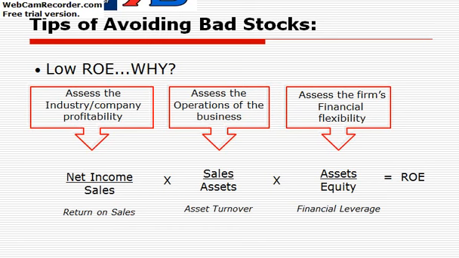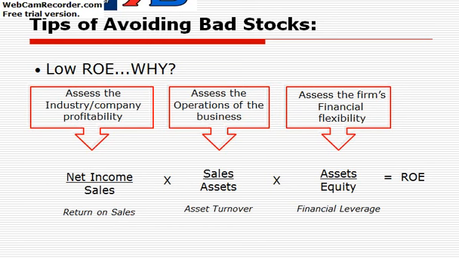Next, the assessment is on the operation of the business. The operation of the business consists of certain assets that are utilized to produce a top line, a turnover or sales.